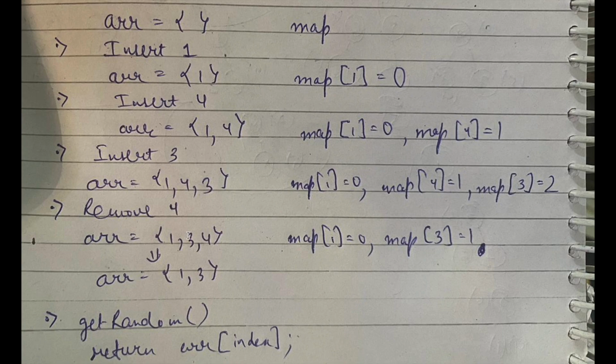So 3 will come here and 4 will go to the end. Then we will update the index of 3, so map of 3 will become 1, and we will remove the last value from the array, and we will also remove the value 4 from the map. So our array will become 1 3, and our map will have 1 at index 0 and 3 at index 1. If we get random, then we will get one random index, and then we'll return the value at that array index. So this will be our flow.